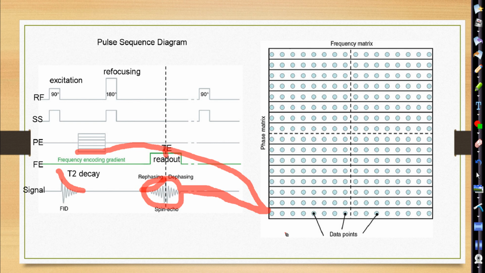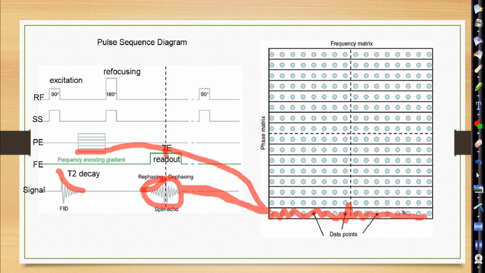So this signal looks very similar within this row, where it peaks out and then goes down like that. Okay? So that's what's happening. And you're going to select different data points along that signal to give you your frequency encoding direction.